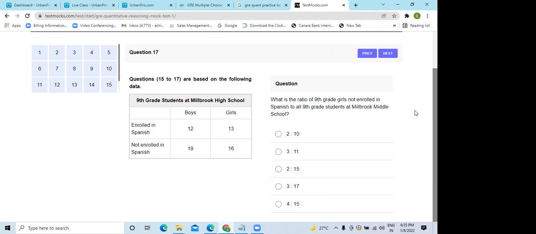So 9th grade not enrolled. It is there. It is directly there. Okay, my bad. It's 4/15. I was calculating percentage for some reason. It is directly staring at you.